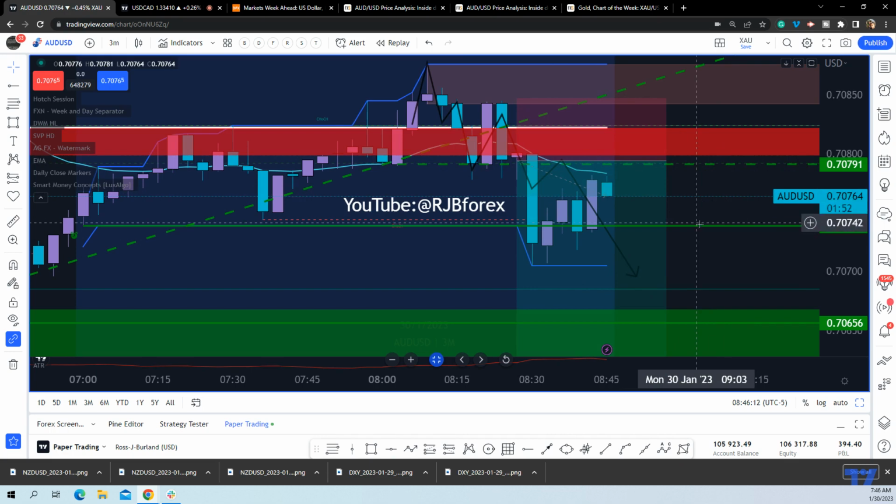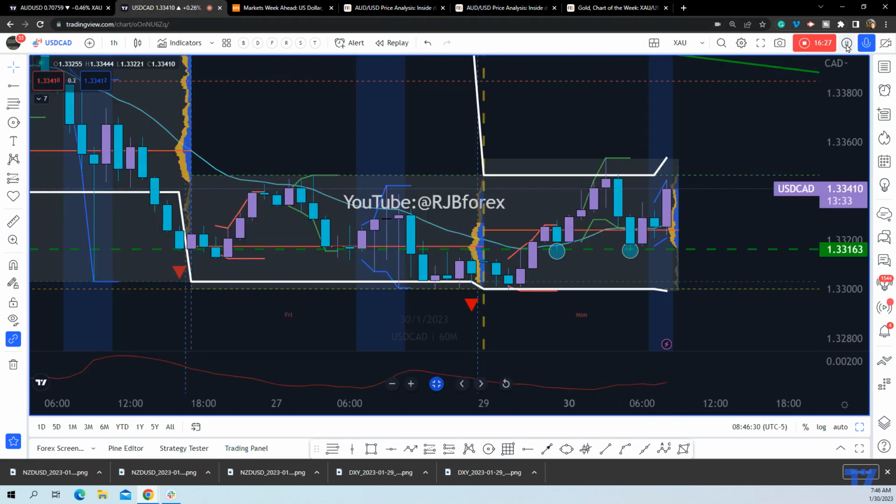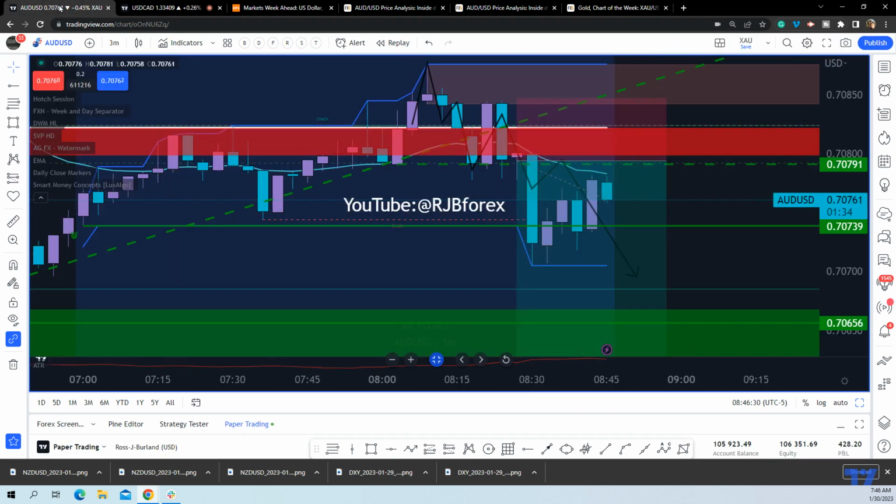So we're looking for a break of 70 to take some off and move to break even. Which may happen on this next 15-minute candle and the turn of the new hour for a continuation to the downside.